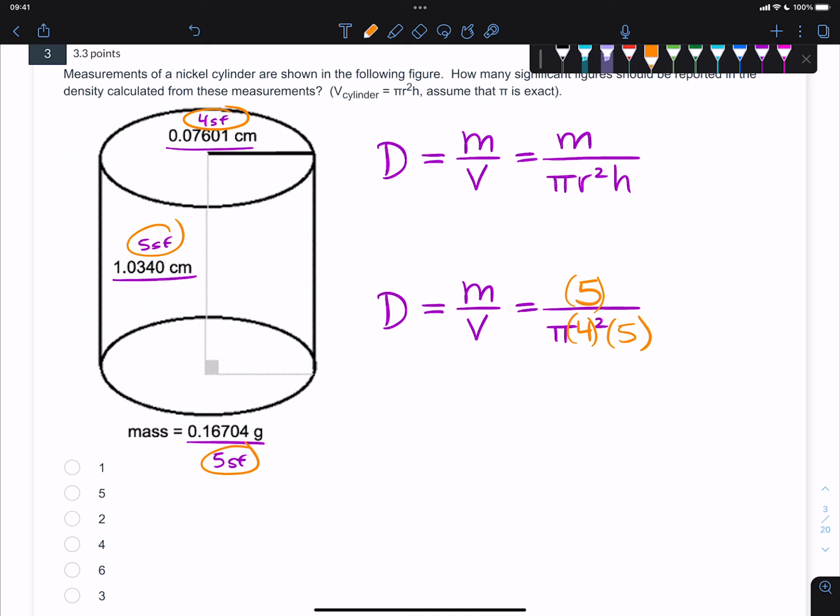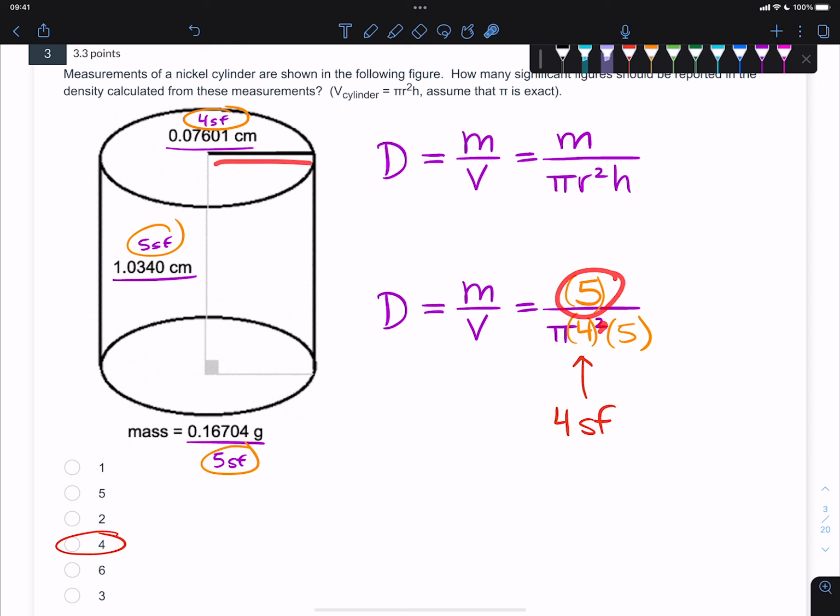Looking at this, we're evaluating these, and we see that the weakest link is the number of sig figs here. The radius is only 4 sig figs. It's the weakest link. So since that part of our calculation is just 4 sig figs, that means you're going to report just 4 sig figs. I need to reiterate, these are not the values of the dimensions of the mass or the height or the radius.